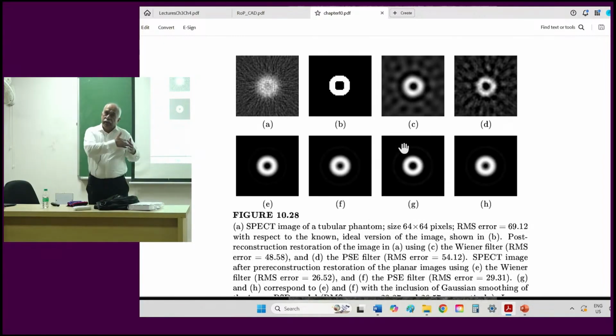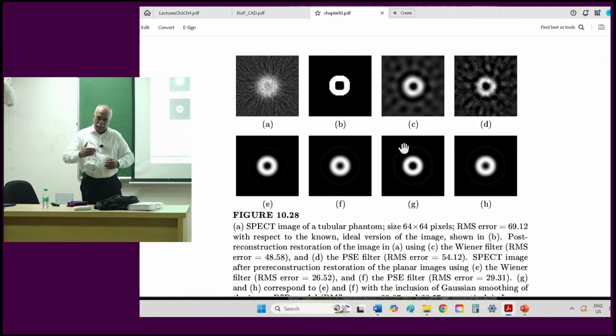So we can restore each of the 2D images first, and that's better because you take blurring in the other dimension into account. And you can incorporate the dependency of the point spread on the distance between the collimator and the photon counting device. Before that, there is a collimator, and the body going around. So we call that pre-reconstruction restoration.